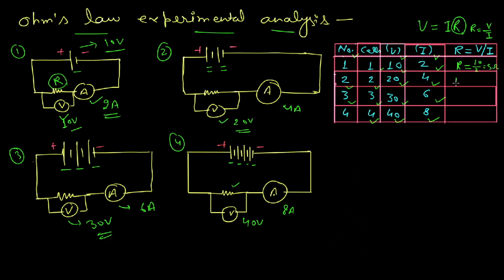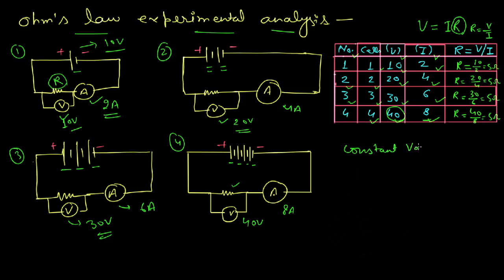In the second case, the resistance is 20 by 4, again 5 ohm. In the third case, 30 divided by 6, again 5 ohm. In the fourth case we have 40 volt and 8 ampere, so 40 by 8 becomes 5 ohm. So we are getting a constant value of resistance.